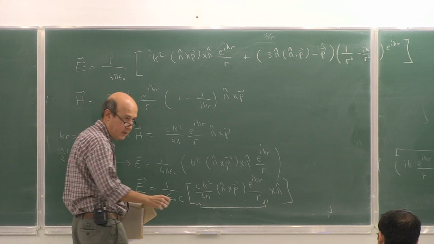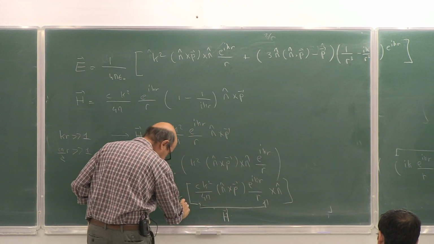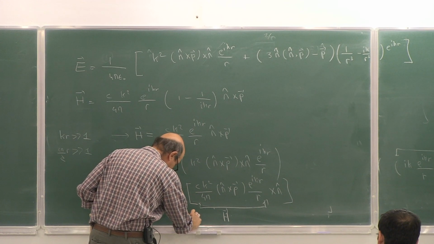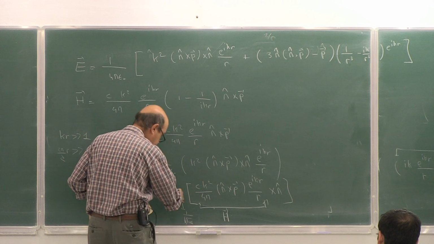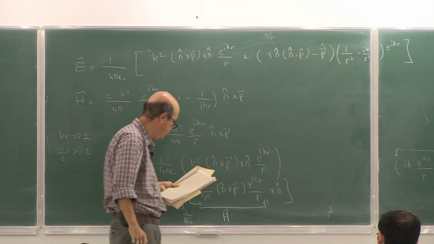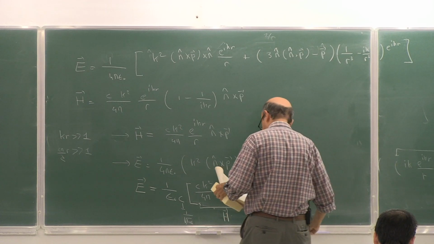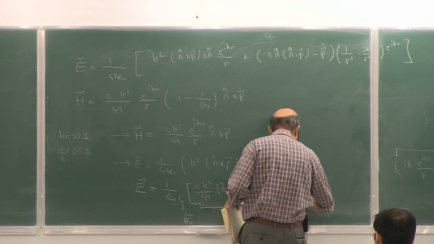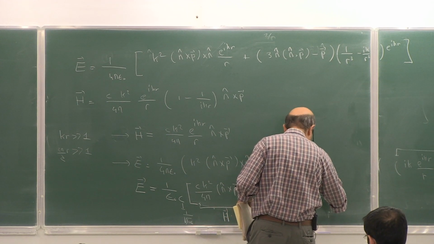H. What is the C? That is 1 over square root of mu 0 epsilon 0. One of the terms goes into the square root, and you will obtain that E is equal to square root of mu 0 over epsilon 0 times H cross n.